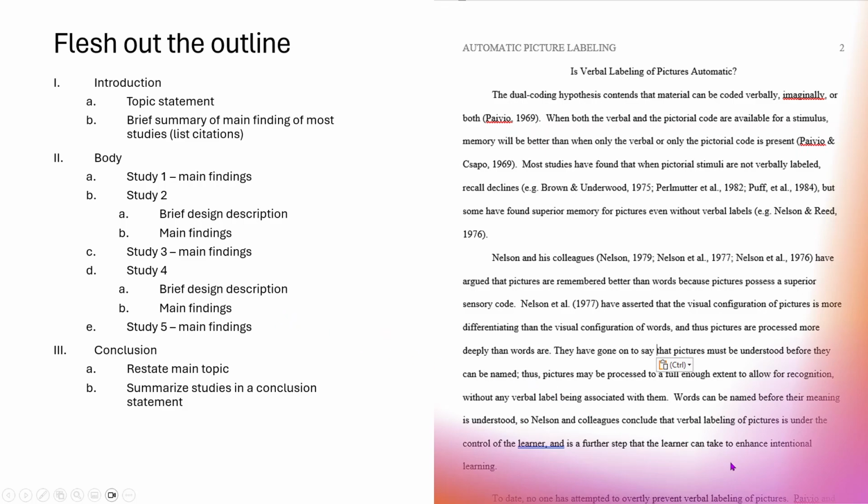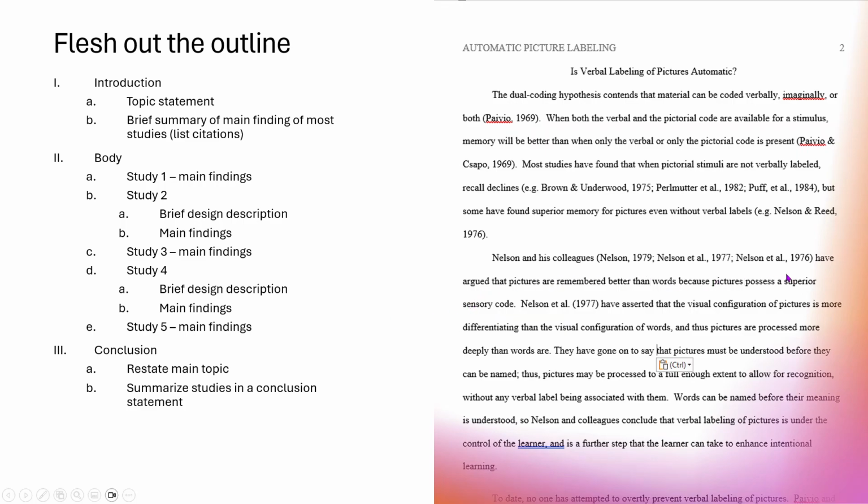Something I'd like to attract your attention to in the second paragraph is that there is a long string of citations of the same author with other authors. So you've got Nelson by himself, Nelson and others from 1977, Nelson and others from 1976. They're organized alphabetically, and when you look at the reference list, you'll see that these two are organized alphabetically based on the second author's name, and that's why they're in this position in this list.